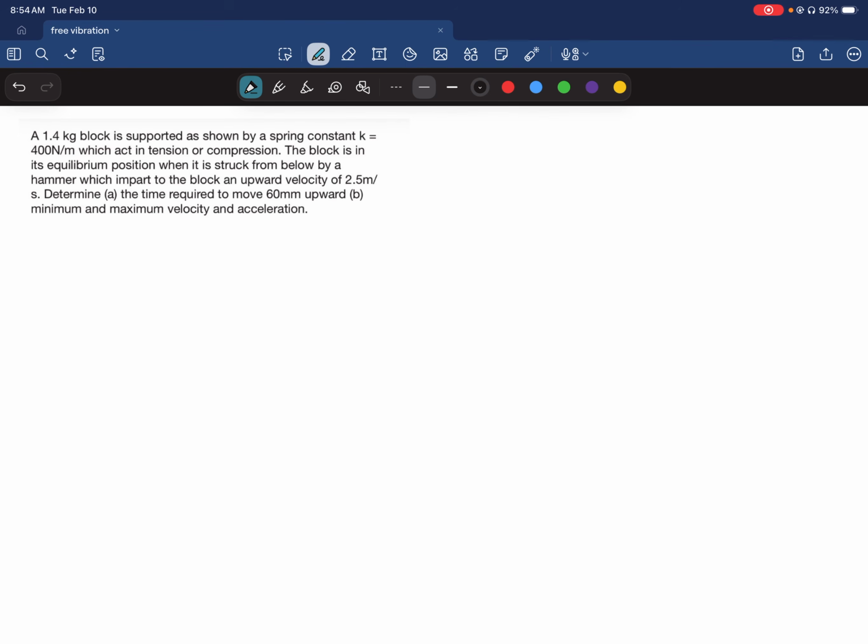The block is in its equilibrium position when it is struck from below by a hammer, which imparts to the block an upward velocity of 2.5 meters per second. Determine A. So we have a mass of 1.4 kilogram, and a spring constant of 400 Newton per meter.